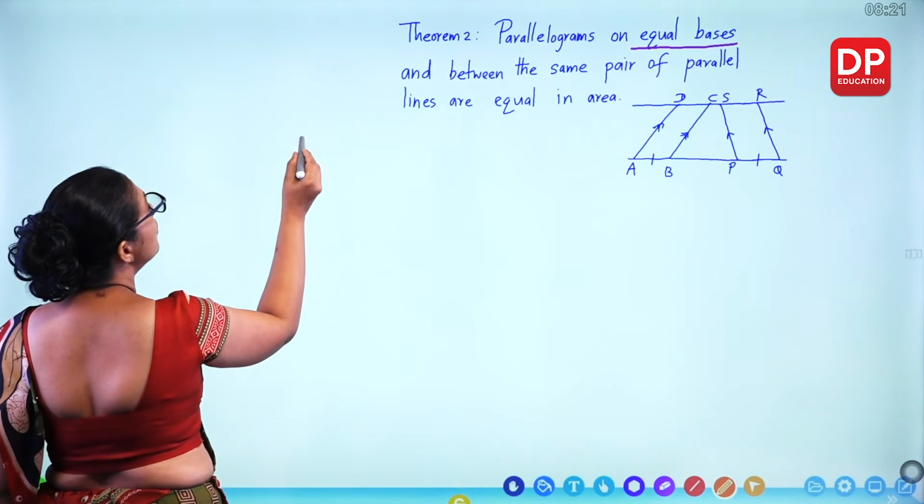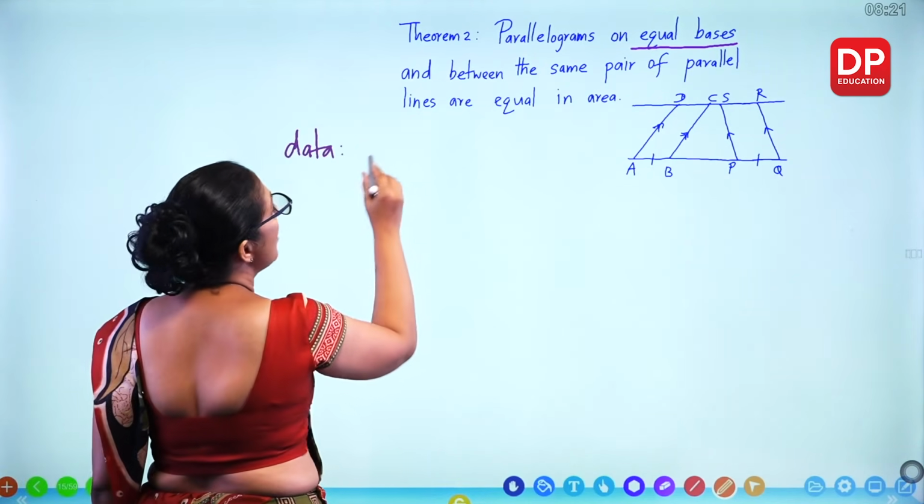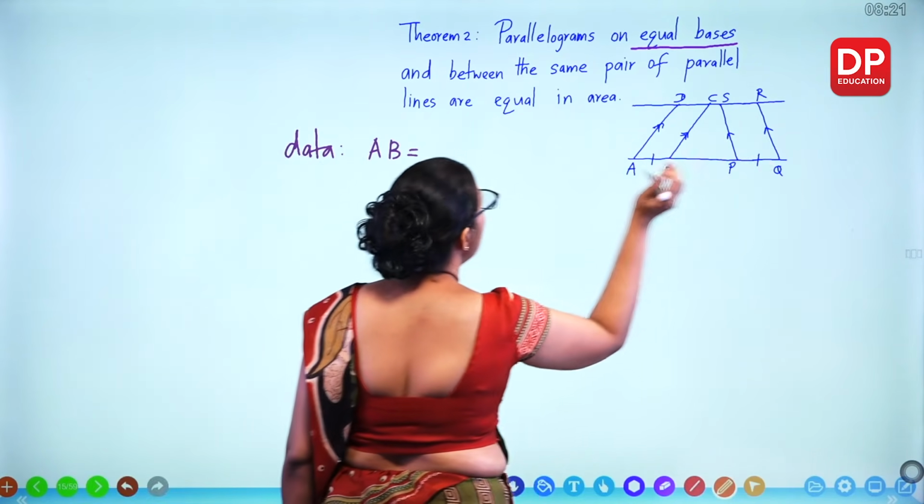What we know? We know AB length is equal to PQ.